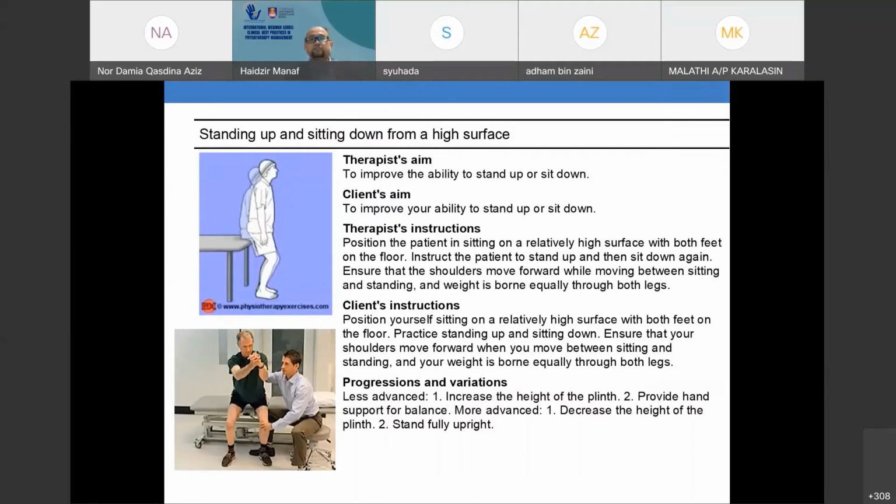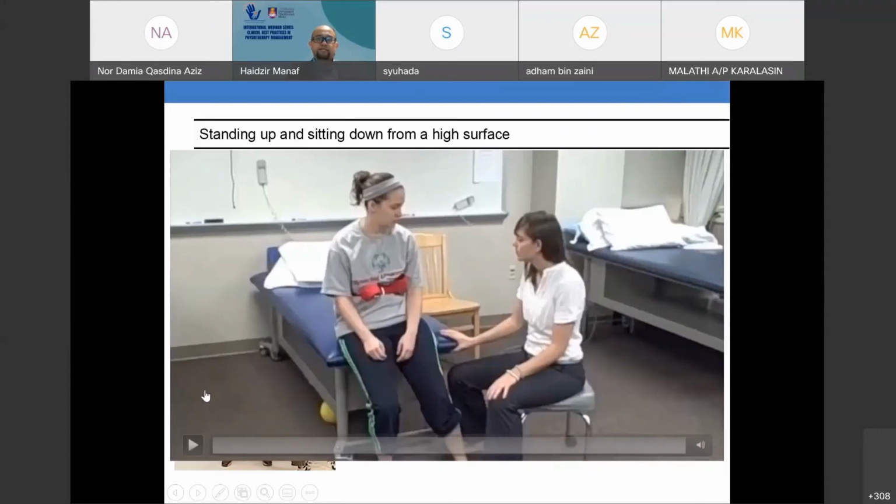Position the patient in sitting on a relatively high surface, but with both feet on the floor. Instruct the patient to stand up and sit down again. Ensure the shoulders move forward when moving between sitting and standing, and weight is borne equally on both legs. This is an example of standing up and sitting down from the high surface.